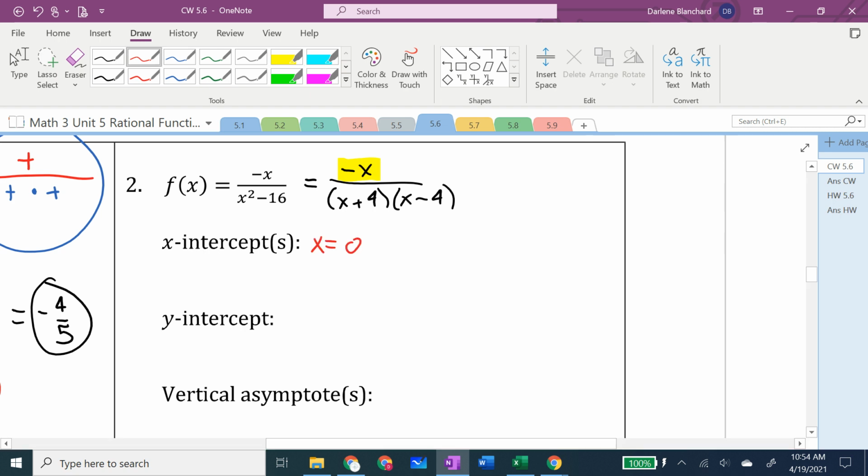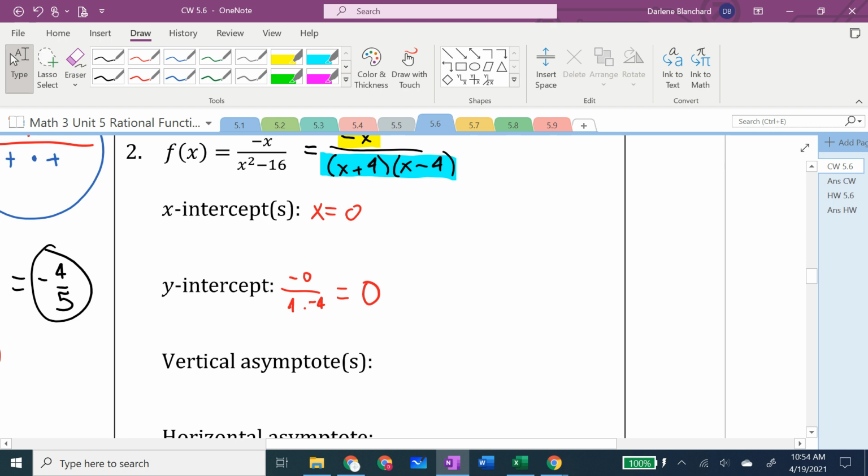My y-intercept is what I get when I plug 0 into x, and I'm getting 0 over 4 times negative 4. Well, that's 0. Vertical asymptotes are anything that makes the denominator 0. This is where the factored form is easier. Looking at the factored form, I can see that negative 4 and positive 4 make the denominator 0. Those are my vertical asymptotes.